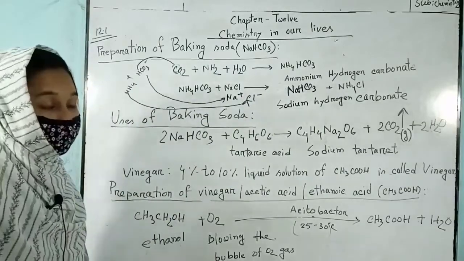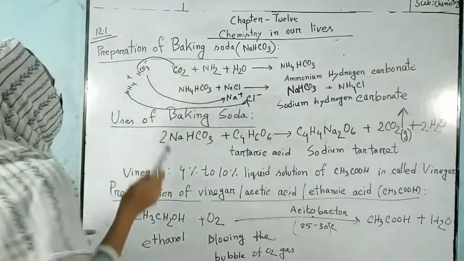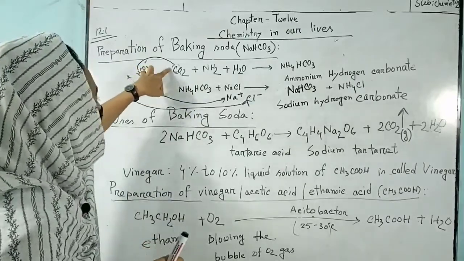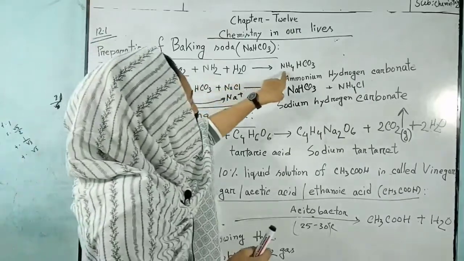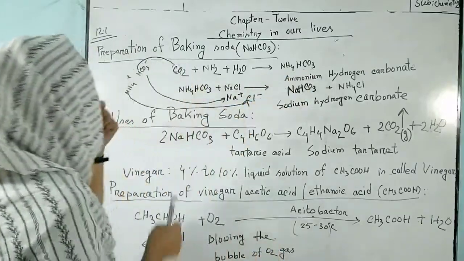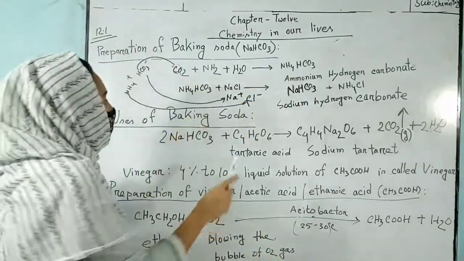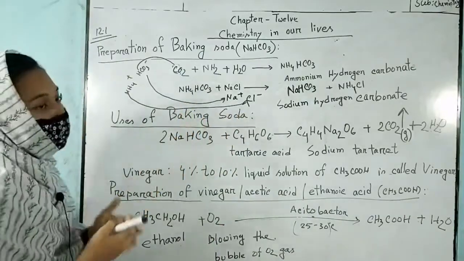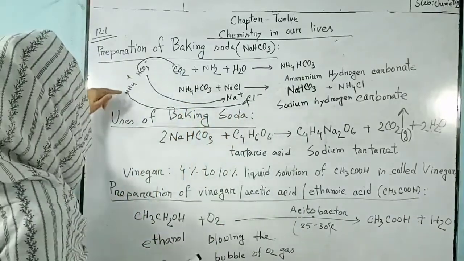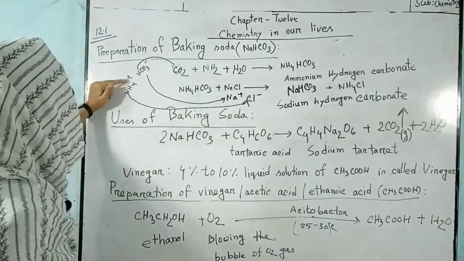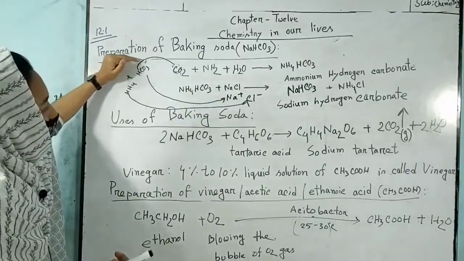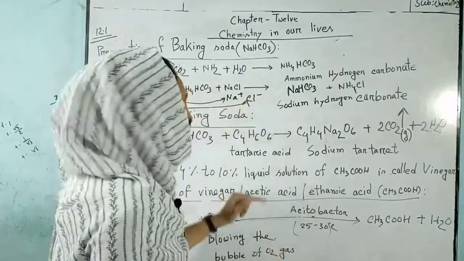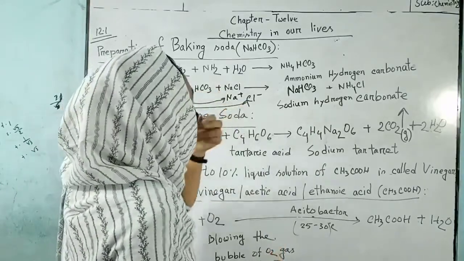When we see the mechanism of baking soda, this is the first step and this is the second step. In the first step we produce ammonium hydrogen carbonate, which is then mixed with sodium chloride. When ammonium hydrogen carbonate breaks, we get NH4 plus and HCO3 minus. When sodium chloride breaks, we get Na plus and Cl minus.